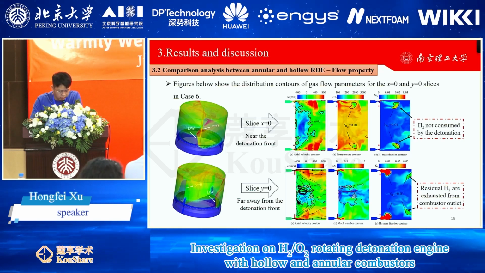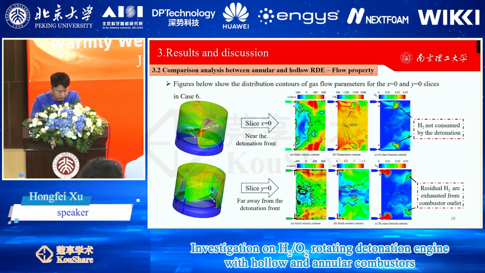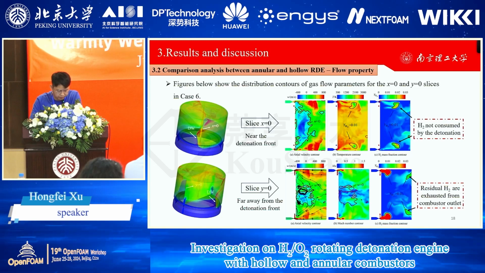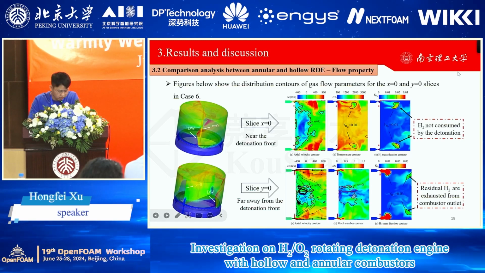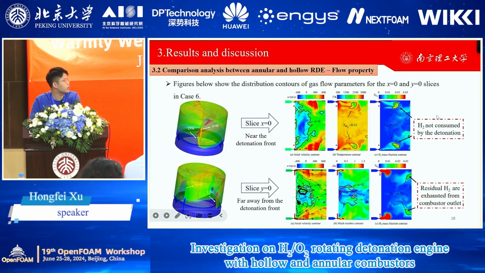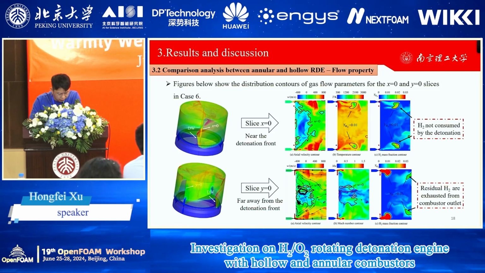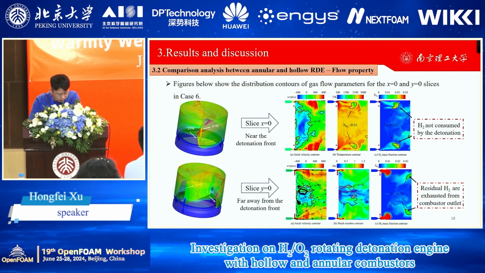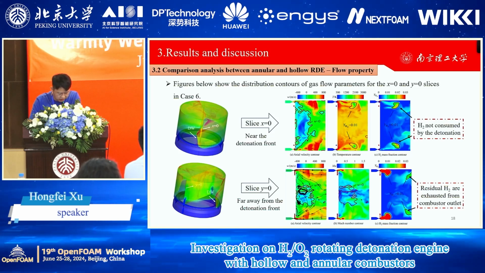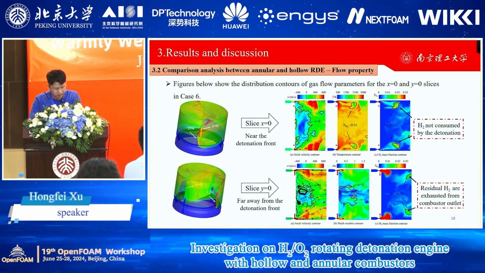The farther away from the outer wall, the more hydrogen is not consumed by the detonation. The residual hydrogen is carried by combustion products and exhausted around the outlet direction.